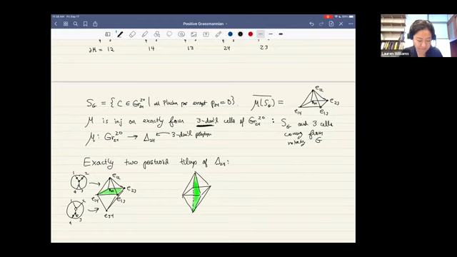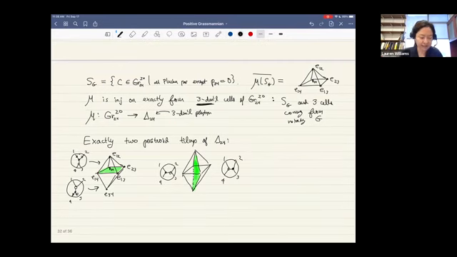And the graphs are this and this one. Okay, so in my very small example, I find two positroid tilings.